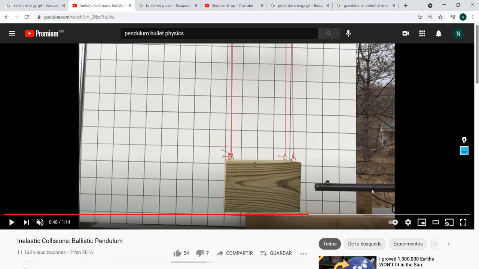I repeat, the bullet is gonna be shot. It's gonna come through the barrel of the gun with some velocity, and therefore it is gonna have some kinetic energy. Actually, a lot of kinetic energy because the velocity is very high. And then, therefore, since the bullet has energy, it can do work on something else.